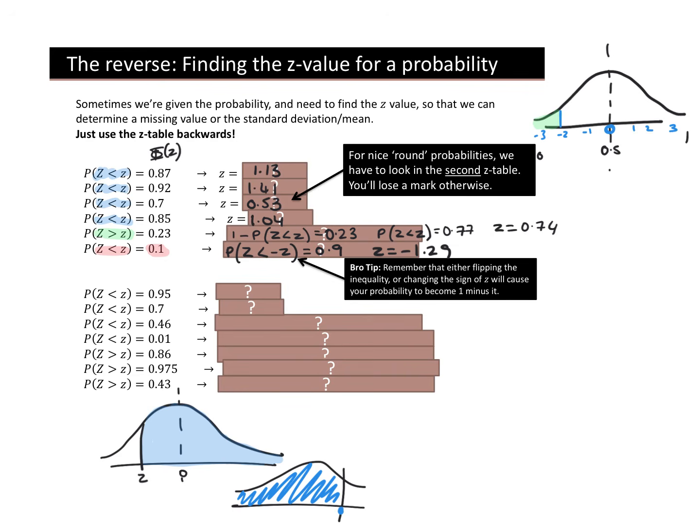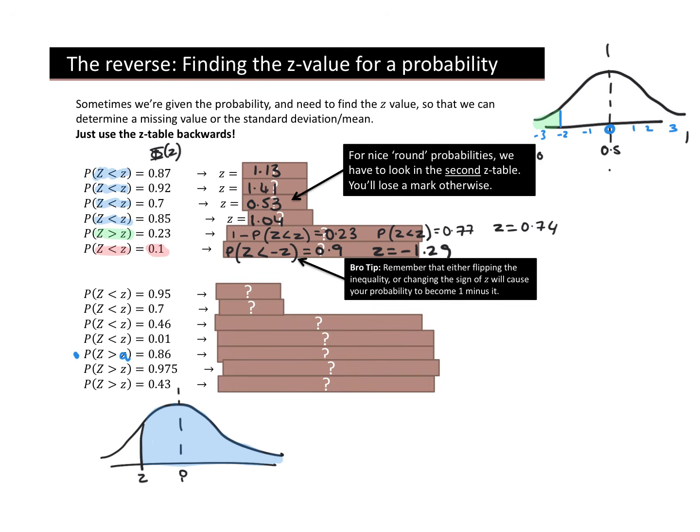No? Okay. Right. Let's try it a different way. Are we happy that this is what the question is saying? The probability of Z being greater than, I'll tell you what, I'm going to call this A. Yeah?